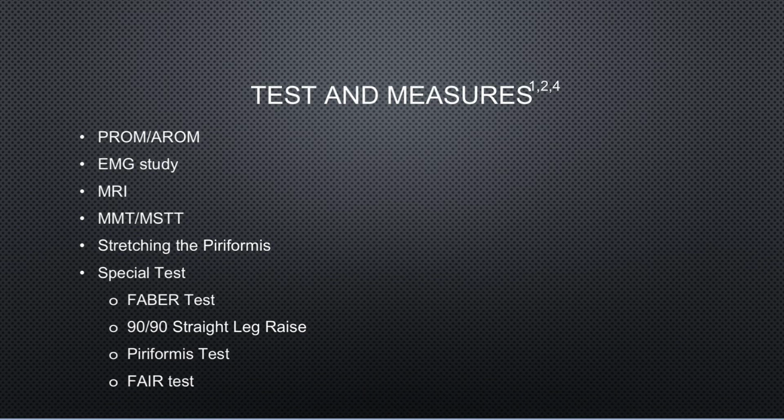Manual muscle tests and muscle selective tension tests. Stretching the piriformis is a main one we would do in the clinic: putting your leg across and slumping over, and also laying supine, where the therapist maximally flexes the knee and the hip. An indication would be pain radiating down the leg, which usually indicates Piriformis syndrome.